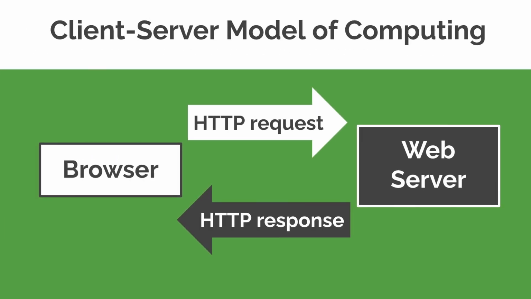So in terms of a website and web development, the browser is the front end, it's the client. Whenever the user pulls up their browser and types in your website, they're instantly going to become a client. Now the web server, that's the behind the scenes of your website. There is one web server, and then there are multiple clients. So any client that visits your website will connect to the same web server.